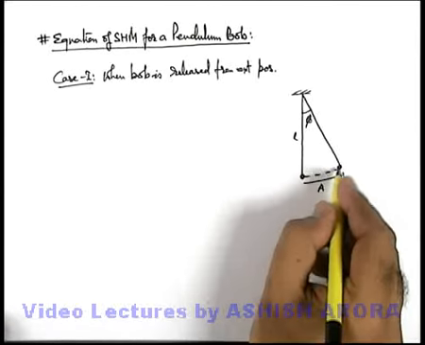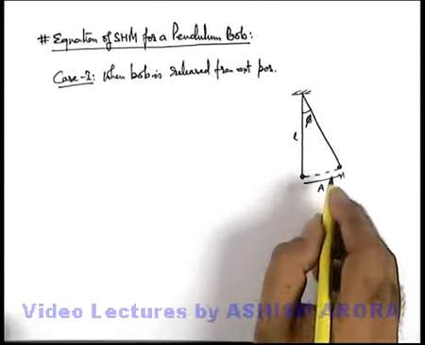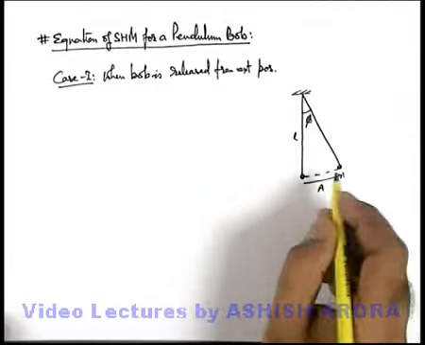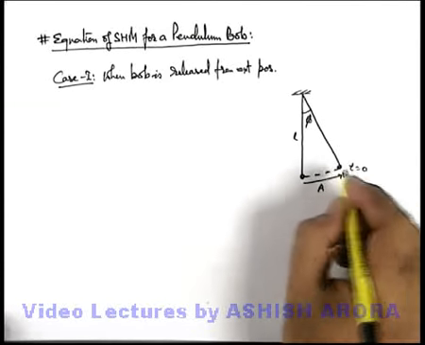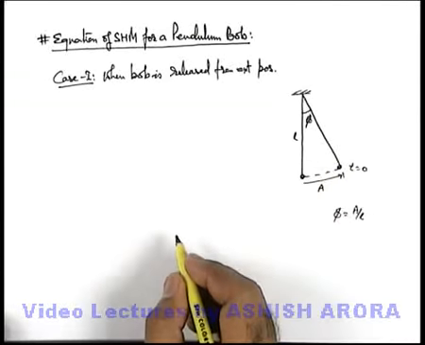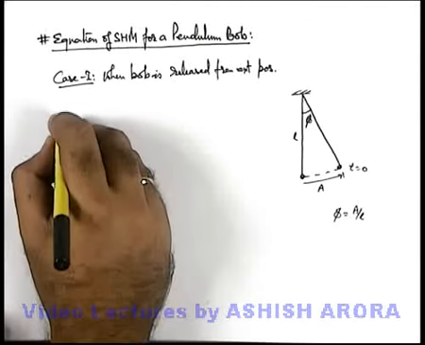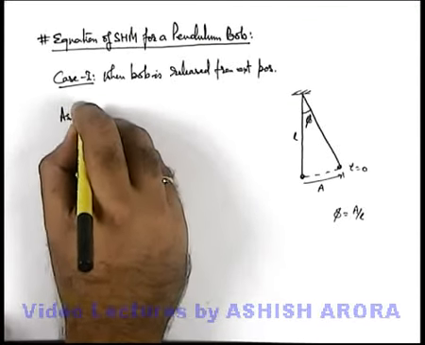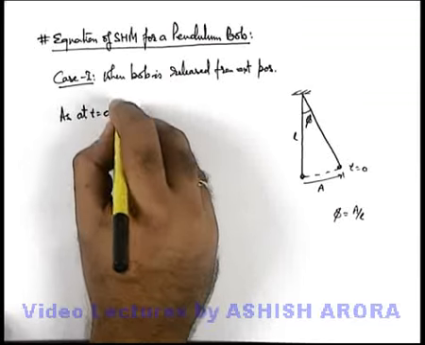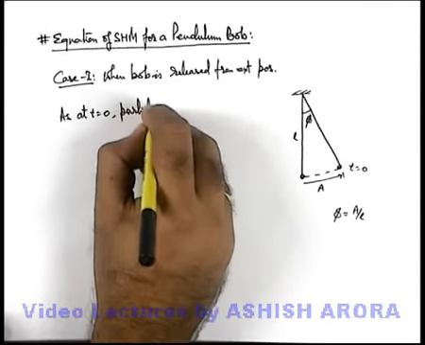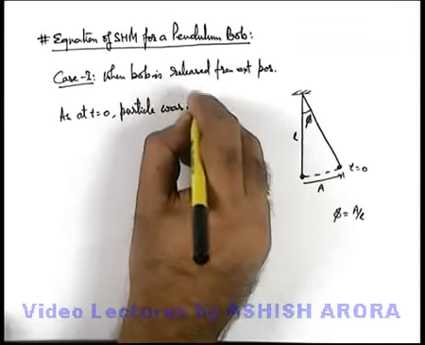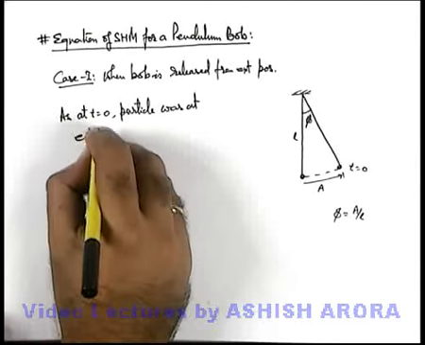If we release it, it will have a tendency to come back, and finally it will oscillate. So at t equal to 0, the bob was released from its extreme position. So we can say at t equal to 0, the particle was at extreme position.